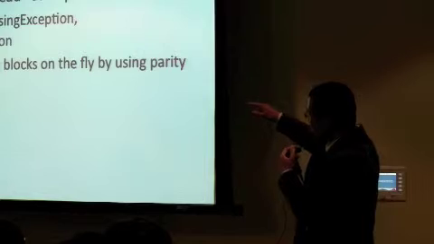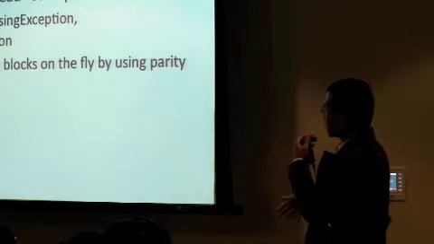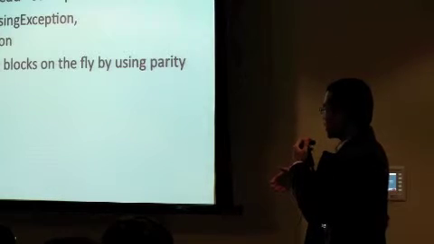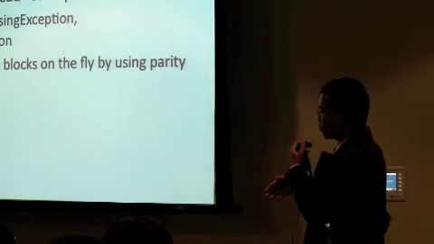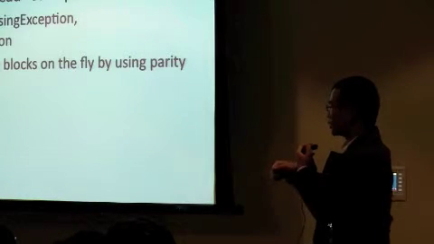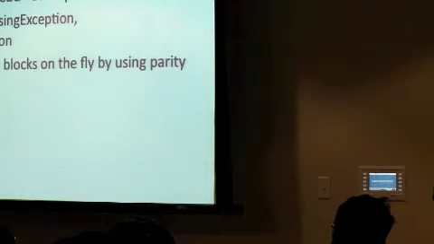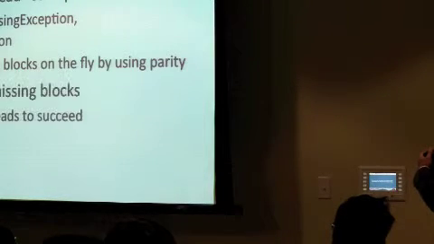So what it does is it catches a block missing exception and checksum exception. Then it has its own logic to figure out where the parity files and other related blocks are. And then it does the decode, using the erasure code to decode it.